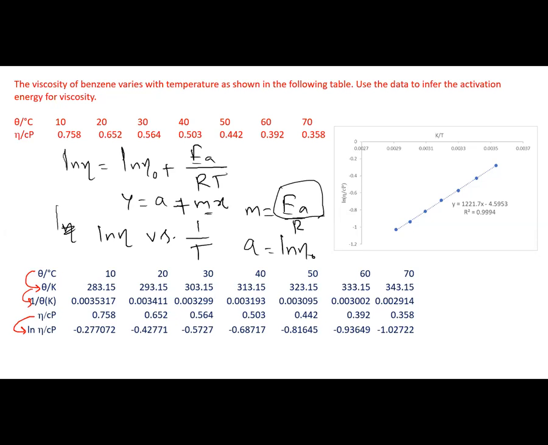So I get these values. And I just plotted the graph between 1 over T and the ln eta as shown here when I used Excel spreadsheet to calculate this. And I fit a trend line for all these points to get a linear fit equation.